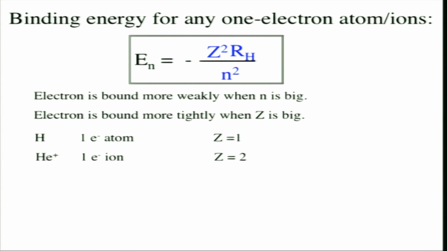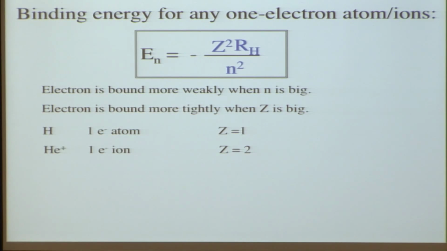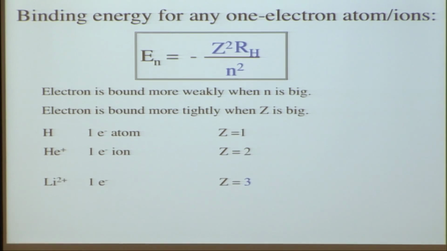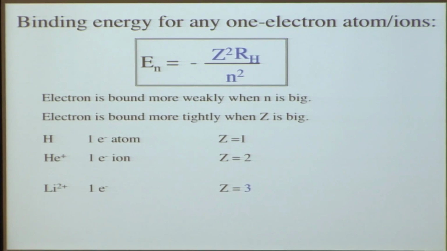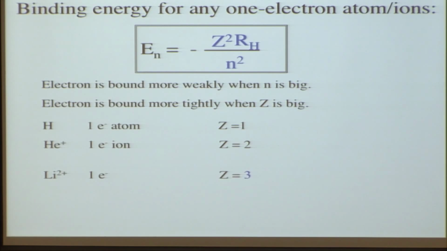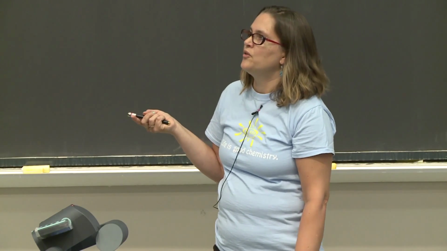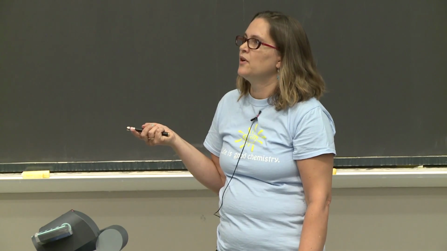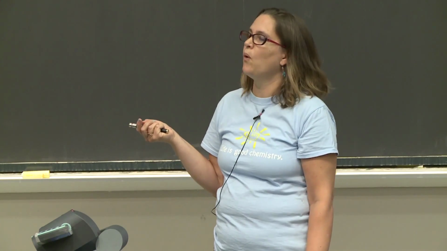But we have ions that can also have 1 electron. So helium plus, and it has a Z of 2. But when it's helium plus, it only has 1 electron. Lithium plus 2 also only has 1 electron, and it has a Z of 3. And then what about something that's a 1 electron system with a plus 64?